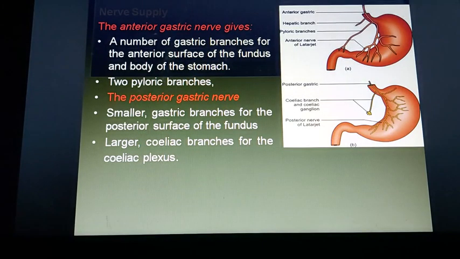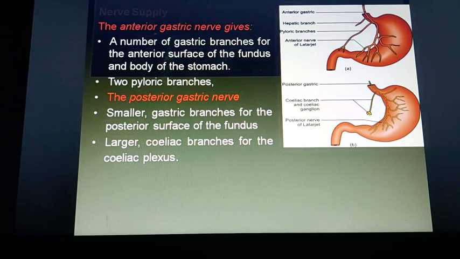Coming to the gastric nerves, the anterior gastric nerve and posterior gastric nerve. This is the anterior gastric nerve. It gives gastric branches to the fundus and the body of the stomach, and also pyloric branches to the anterior surface of the stomach.